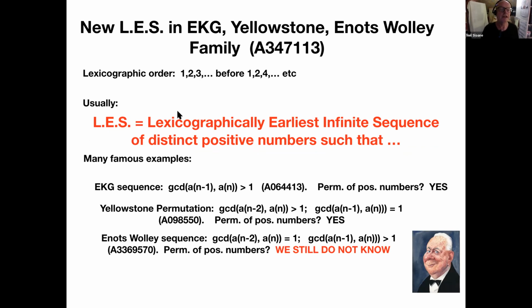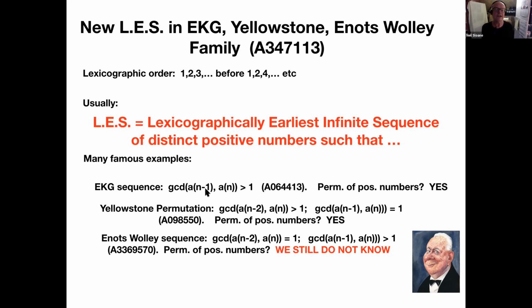This class of sequences is defined in the following way. You always ask for the lexicographically earliest infinite sequence of distinct positive numbers with some property. The classic example is the EKG sequence, where each term has to have a common factor with the previous term.